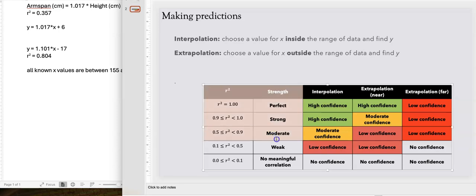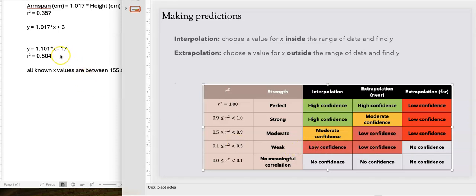So let's just look at these first two columns here. We initially had an r squared of 0.357. That is between 0.1 and 0.5. So that's actually a pretty weak correlation. A weak correlation or a weak relationship, we're going to be much less confident about those predictions that we make.